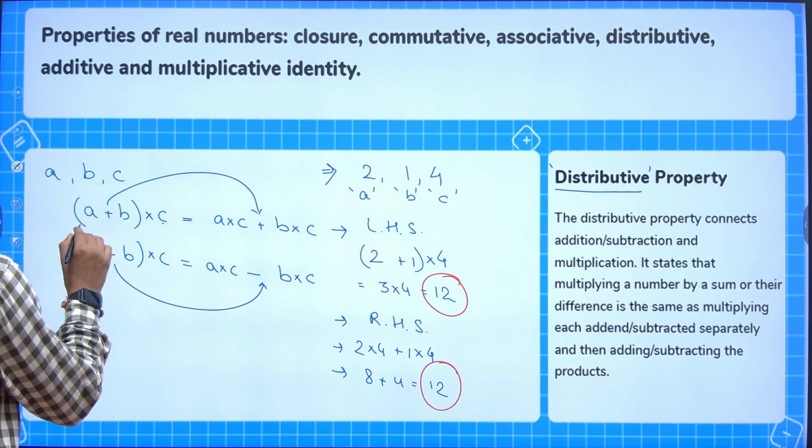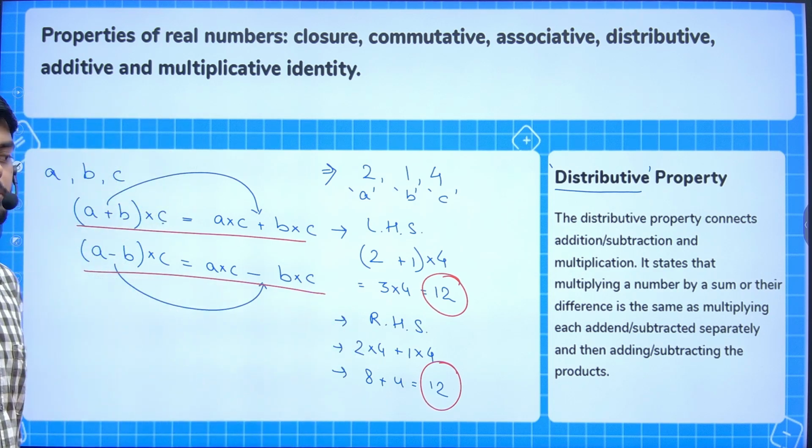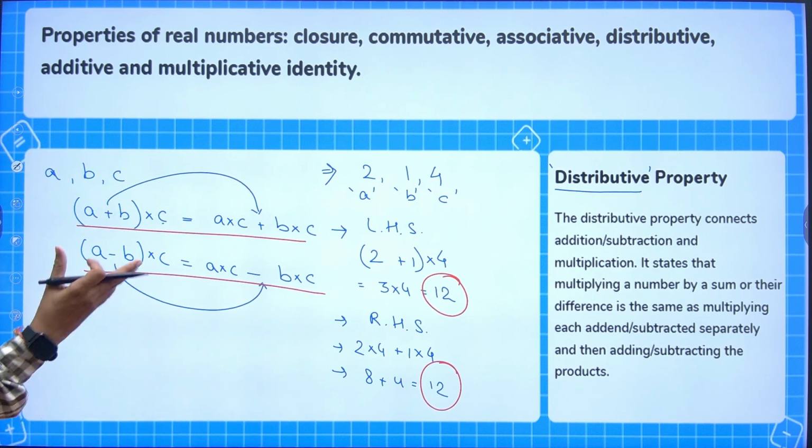So this is what we mean by the distributive property. I hope you have got this.